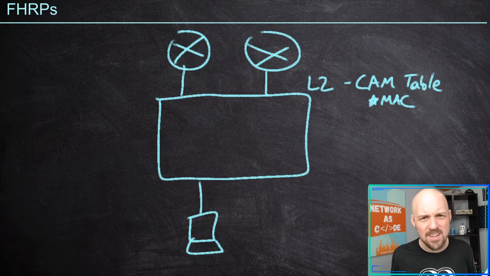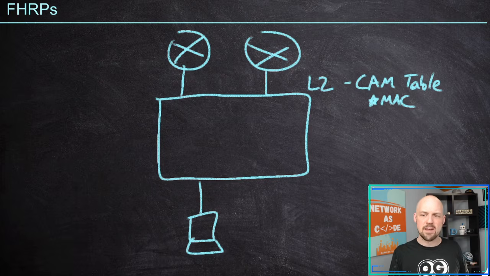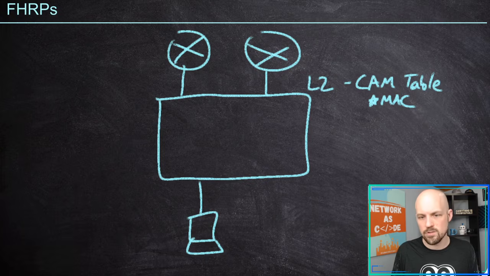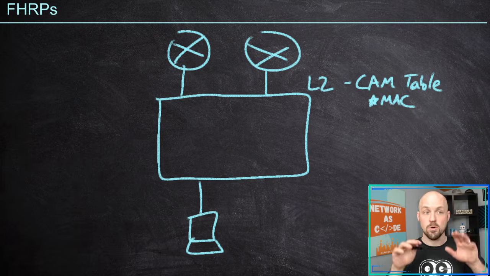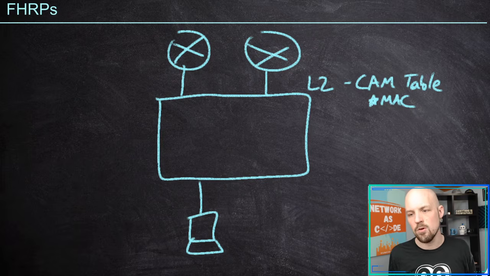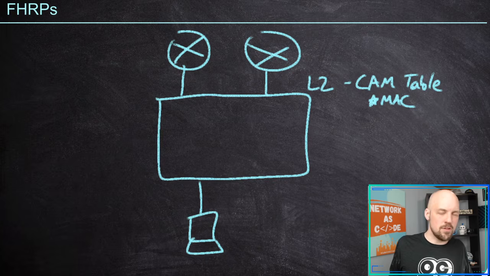Why do we call them a CAM table? Why don't we call them MAC tables? And we certainly do call them MAC tables. There's nothing wrong with that. If you said the MAC address table, everybody's going to know what you mean. In fact, a lot of Cisco commands are centered around show MAC address table or what have you. So yeah, we all know that there are MAC address tables. So why content addressable lookup?